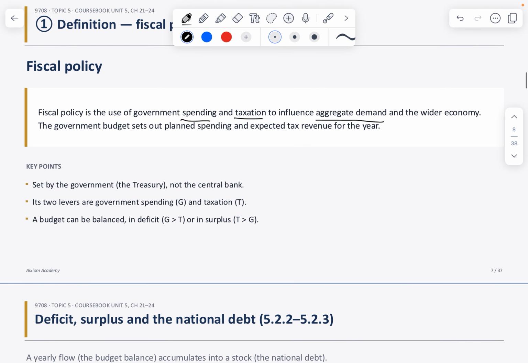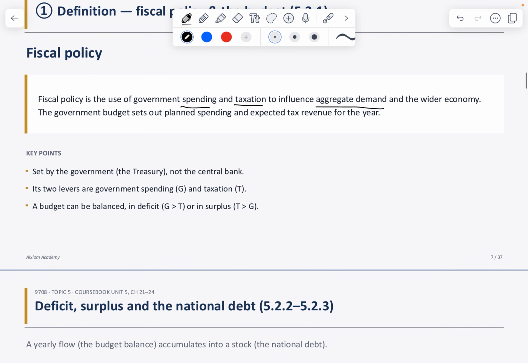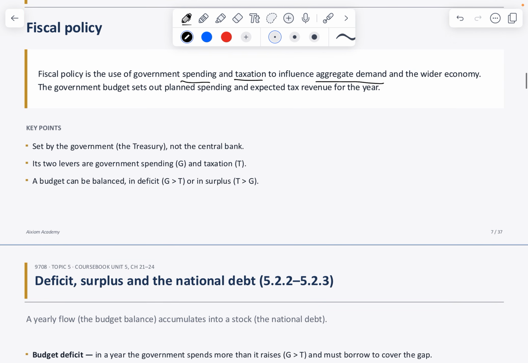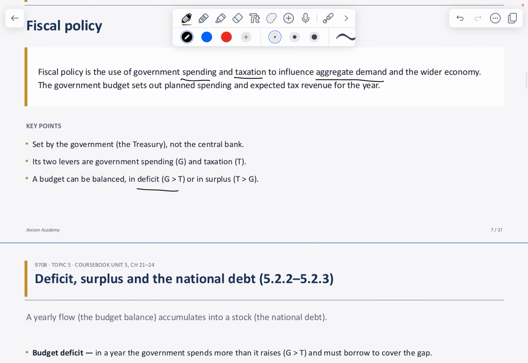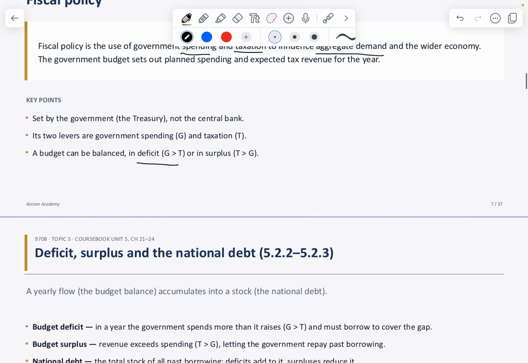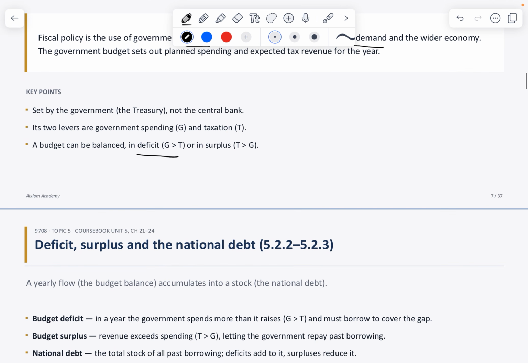Because the treasury or government collects tax and then uses the money to spend, we have a budget deficit or surplus depending on whether you collected more or spent more. A deficit is basically when you spend more than you collect, and a surplus is when you tax more than you spend.